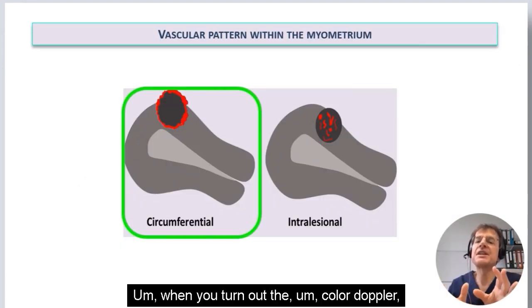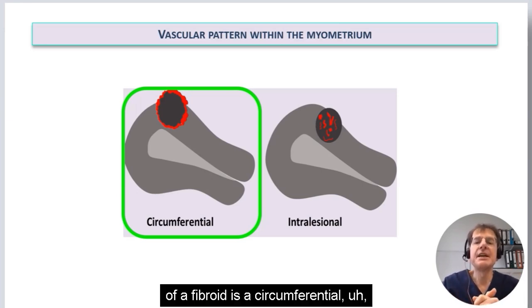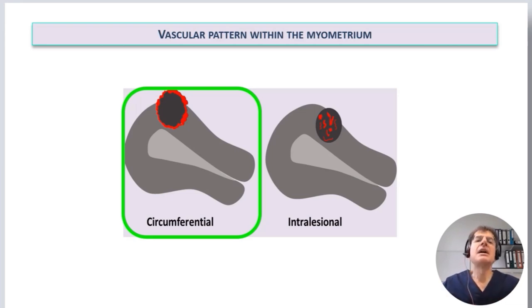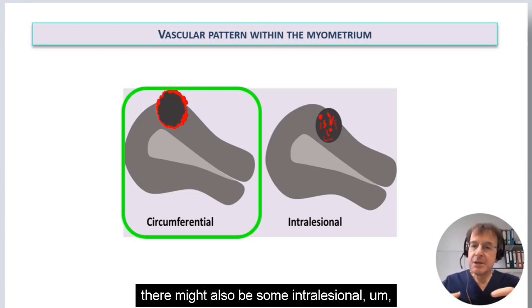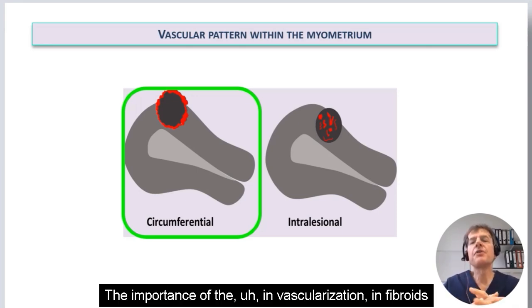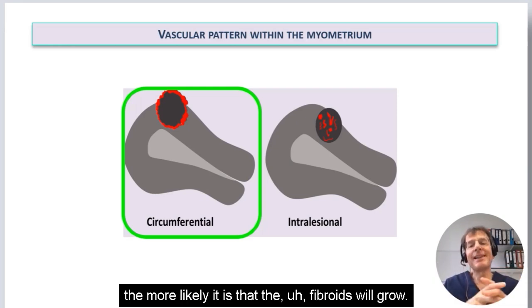When you turn on the color Doppler, the typical color vascular pattern of a fibroid is a circumferential vascularization around the myoma. So that's typical. There might also be some intralesional vascularization. The importance of the vascularization in fibroids is that the more vascularized it is, the more likely it is that the fibroid will grow.